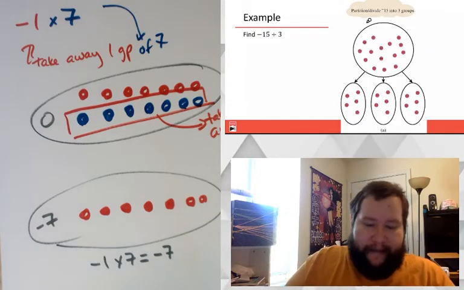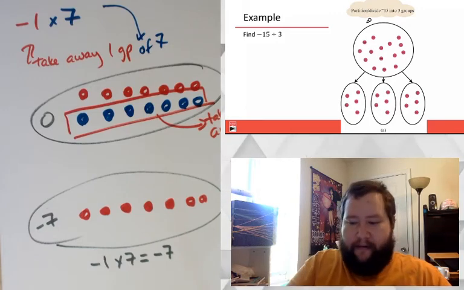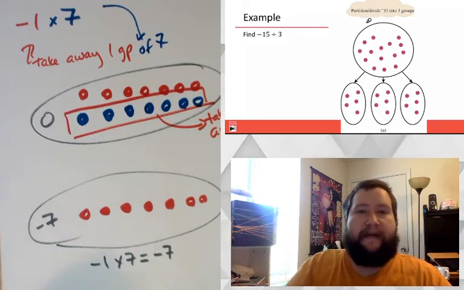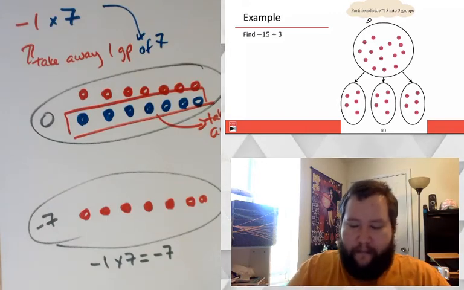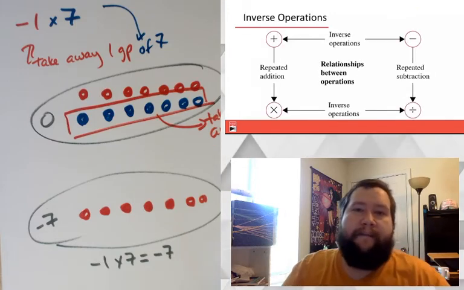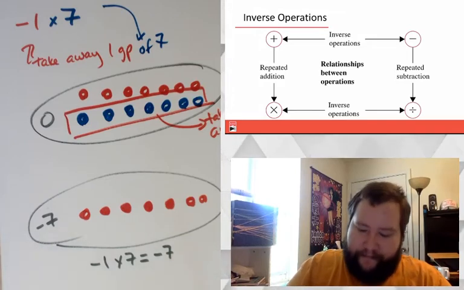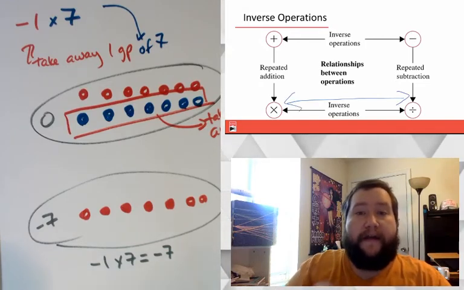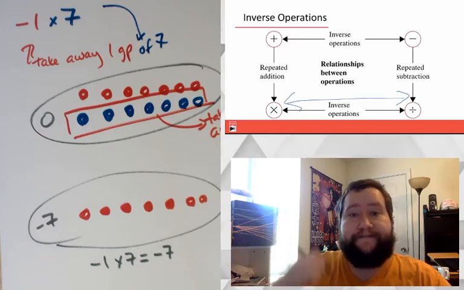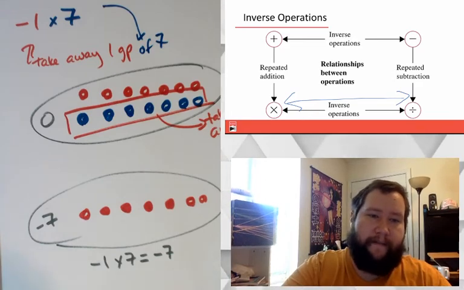And so for example, negative 15 divided by 3, you just have 15 red chips. You're splitting it into 3 groups. 5 negative chips in each group, so we get negative 5. And so really, what we want to reinforce is the inverse relationship between operations. Multiplication and division are inverses. And so since we already have a number of tools for multiplication, we can just translate division to multiplication to work through it.